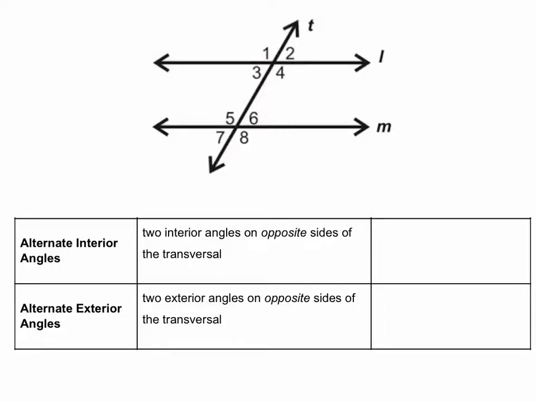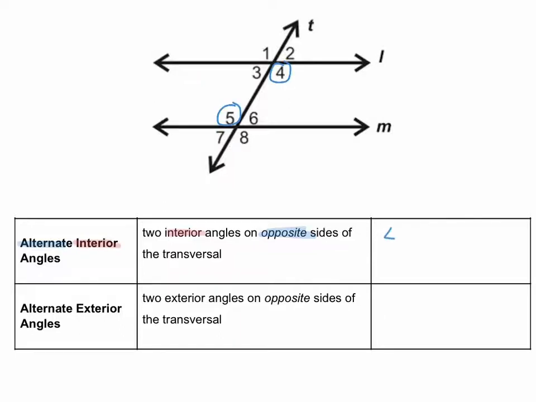The first angle pair is alternate interior angles. And like the name says, they are going to be two interior angles, but these are on opposite sides of the transversal. That's why we see the word alternate in the name. Alternate, opposite sides. So these would be angles like 4 and 5.